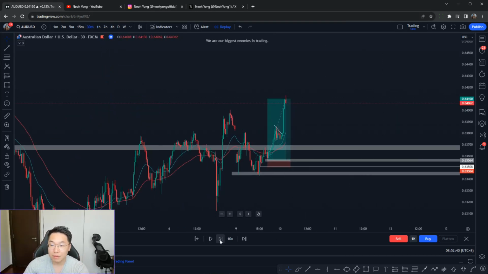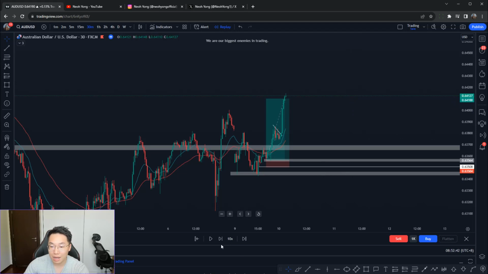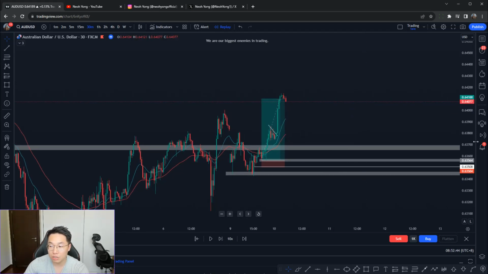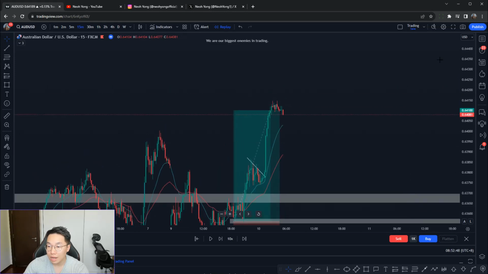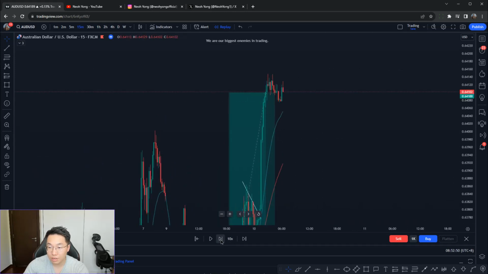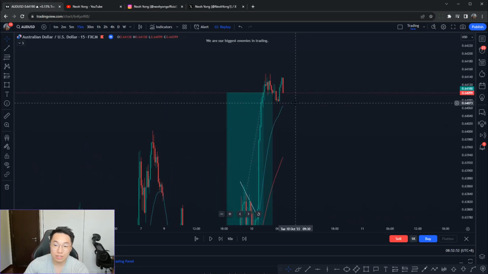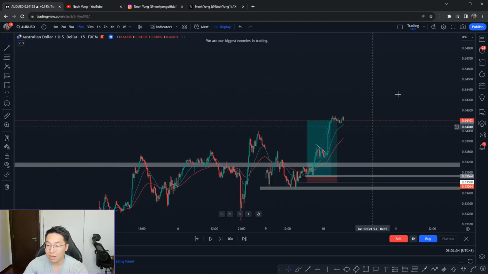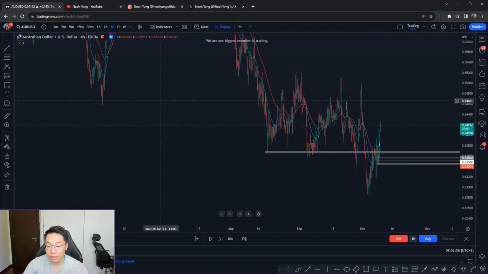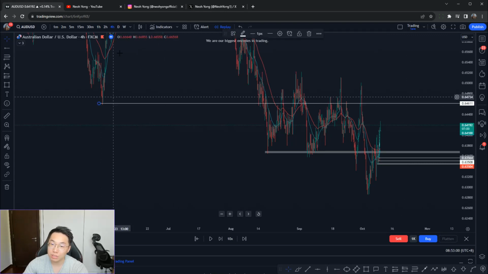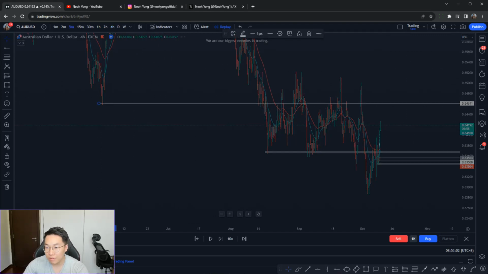And guess what? It just pushed all the way up, and I decided to close the position. I actually closed it here. I closed my full position here, even though my initial target was all the way up to fill that range. It was actually all the way up here, but I was thinking, it's really fine.